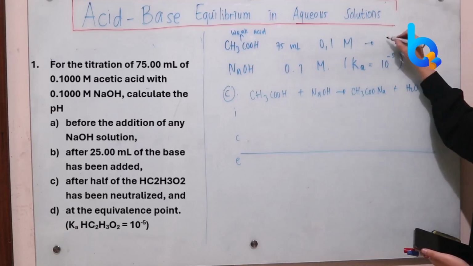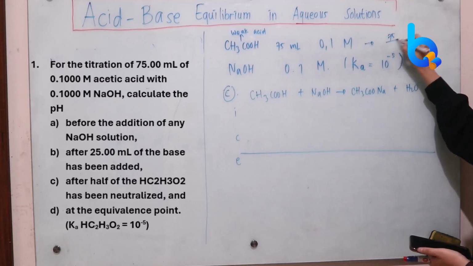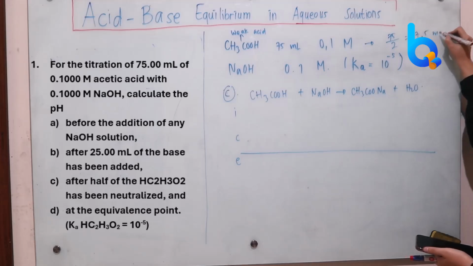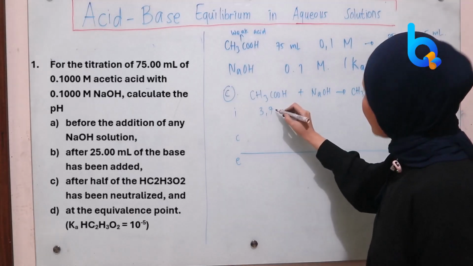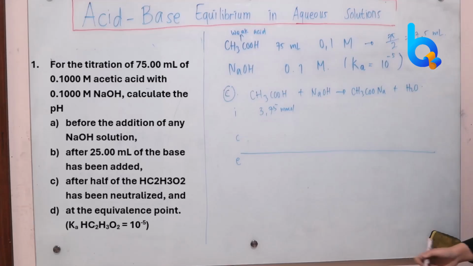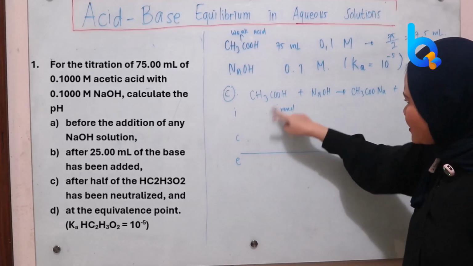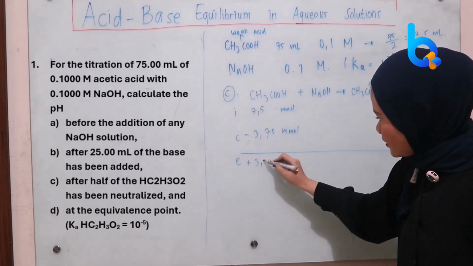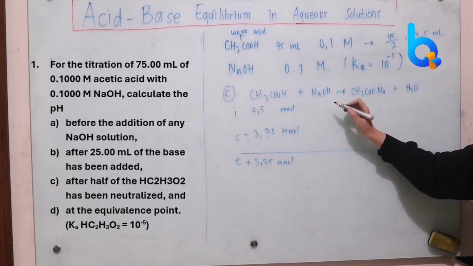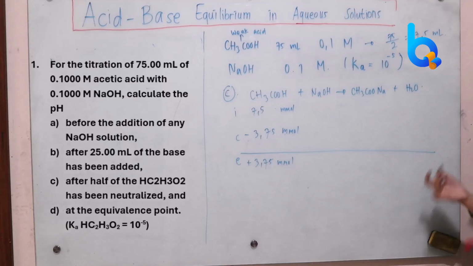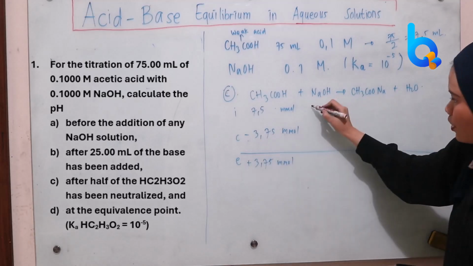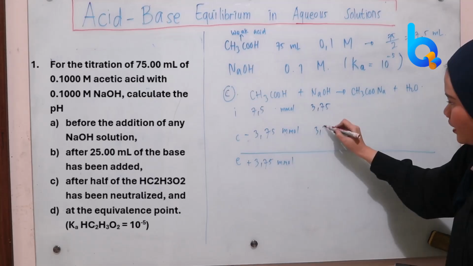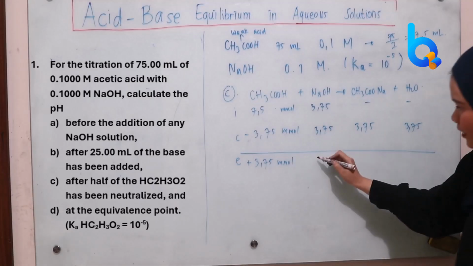So half of this is probably 7.5 milliliters, so the mole will be 7.5 millimole. I'm sorry, this is 7.5. So there is the half in the equation. The NaOH we use is actually the same as this. So 3.75, 3.75, 3.75, and 0.